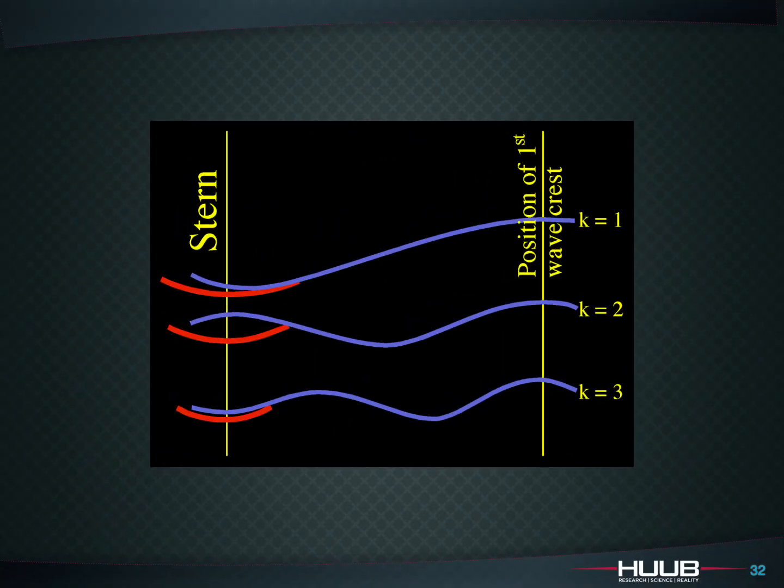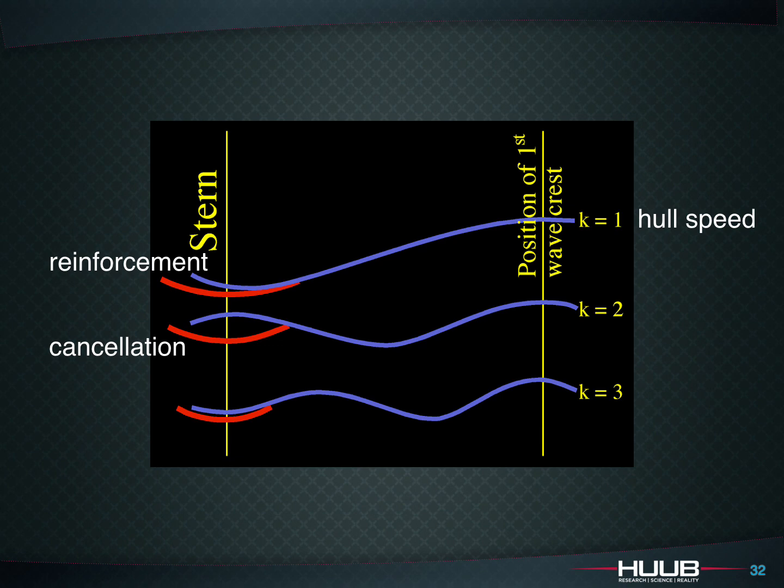So here you see it in the diagram. There's first reinforcement with K is 1, and then K is 2, there is cancellation, and K is 3, again reinforcement. And K is 1 is of course the hull speed. And then you have reinforcement, so a lot of wave drag formation, cancellation, reinforcement.